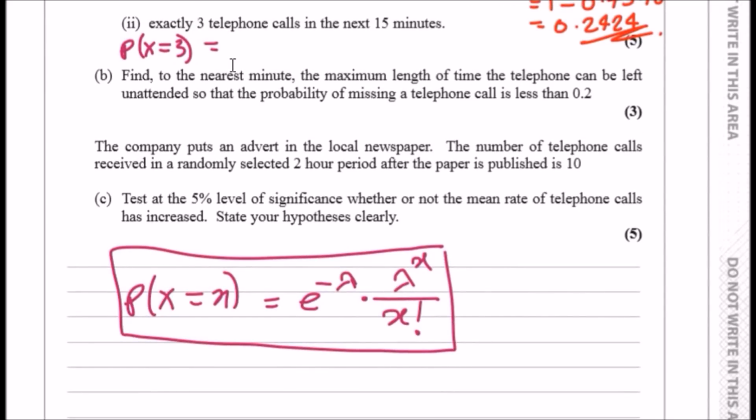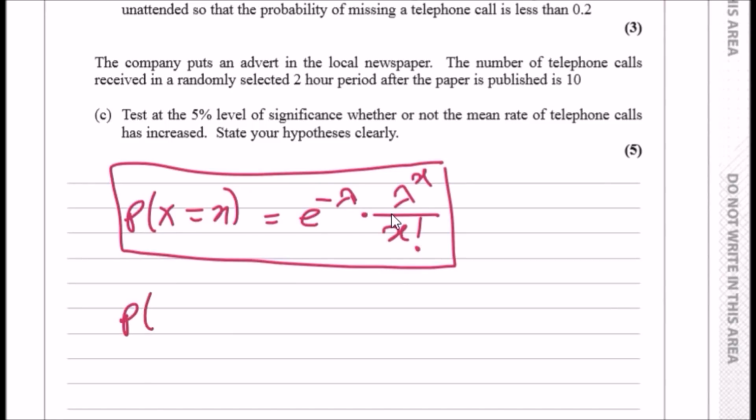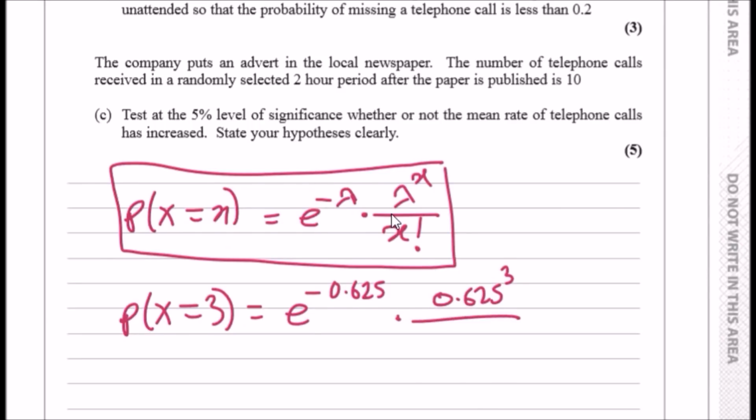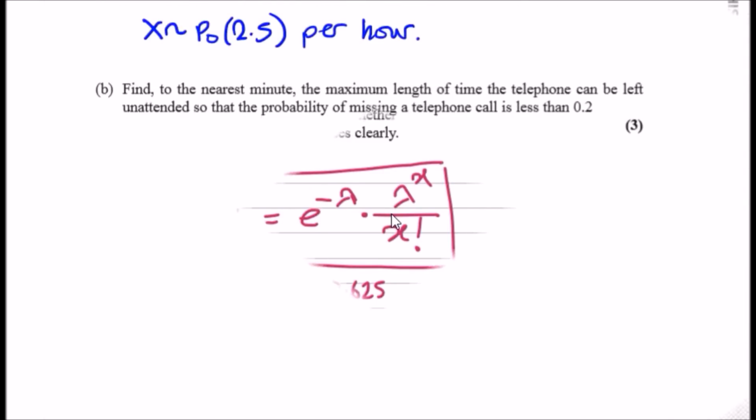So for x equals 3, the probability X equals 3 is e to the minus 0.625 times 0.625 to the power 3 over 3 factorial. You should get 0.0218, I believe.